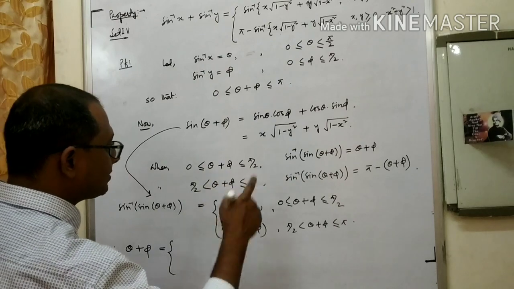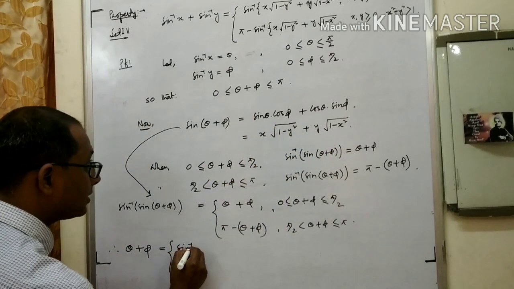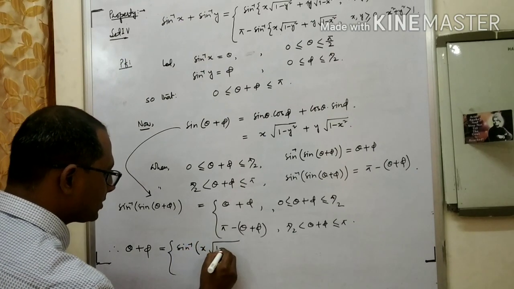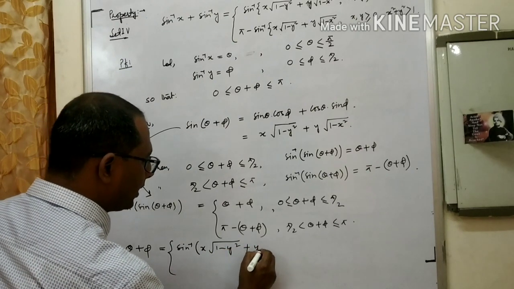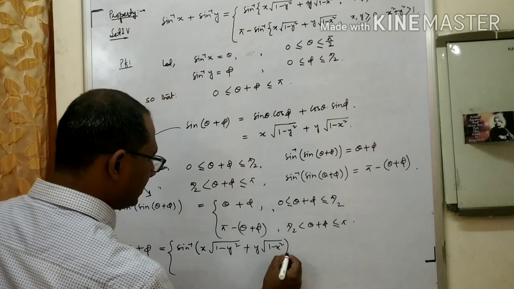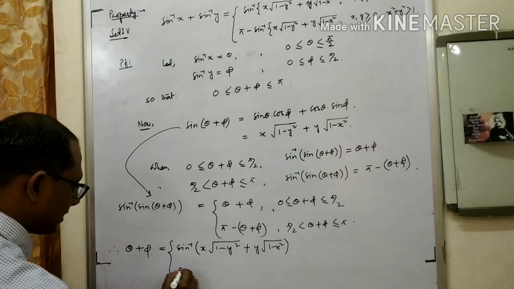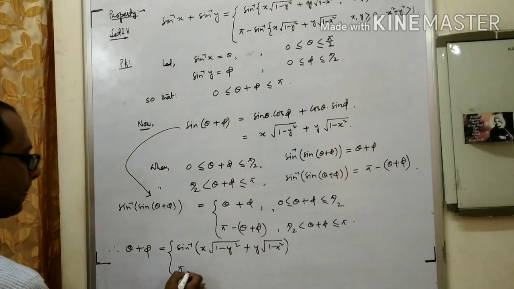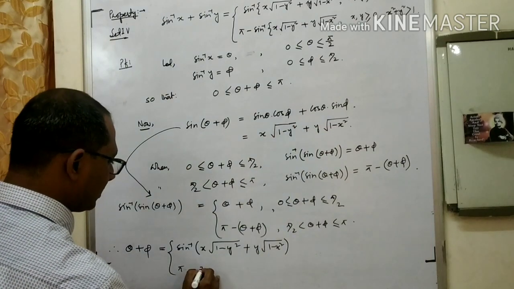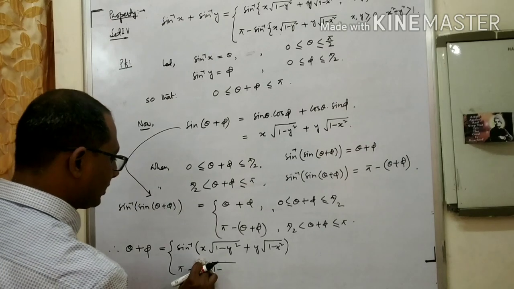One is sine inverse of x root over 1 minus y squared plus y root over 1 minus x squared. And the other value is pi minus this sine inverse.